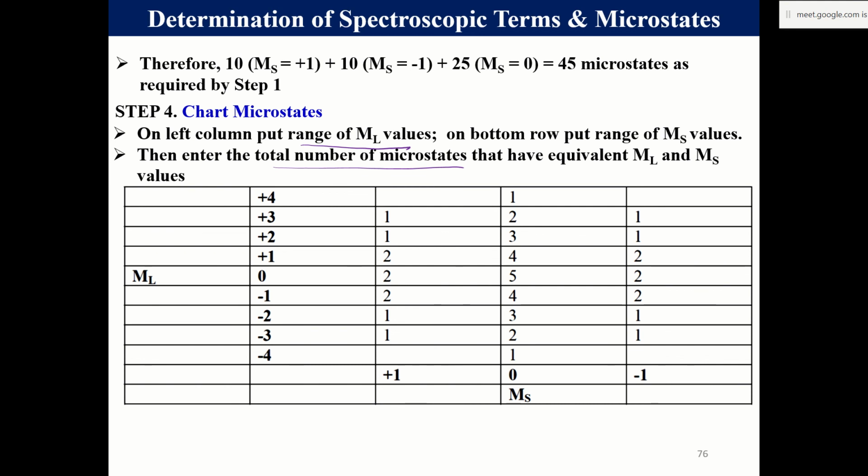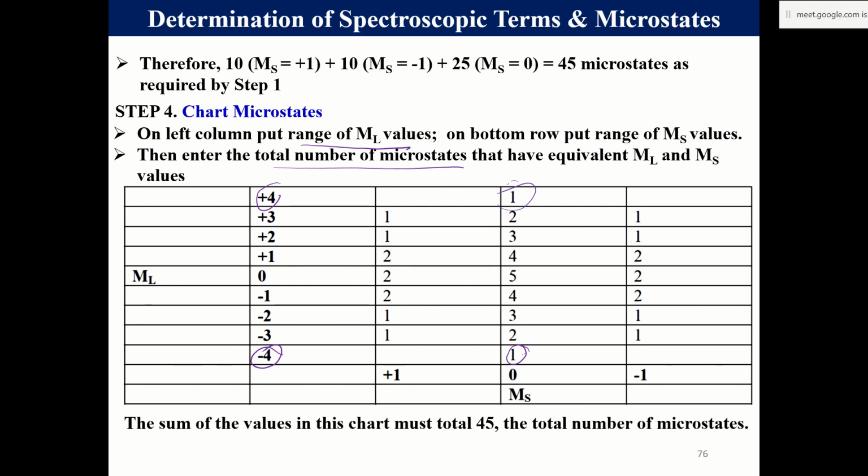That is also possible. So if you write in this way, again we identify. We have summarized how many ml plus 4 states are there, how many ml minus 4 states are there, and corresponding to that, what is the possibility. So in case of plus 4 and minus 4 maximum values, ms should always be 0. It is a paired electron.